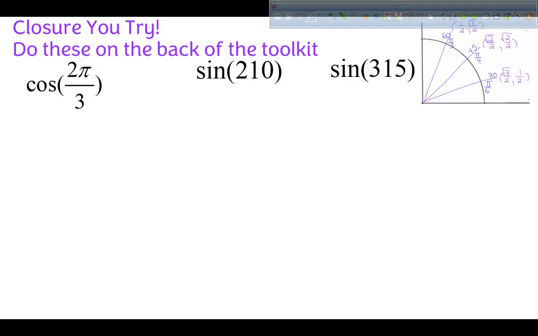So 1/2. 1.5 over 3 is 1/2. 3 over 3 is 1. So it's somewhere between 1.5 and 3.